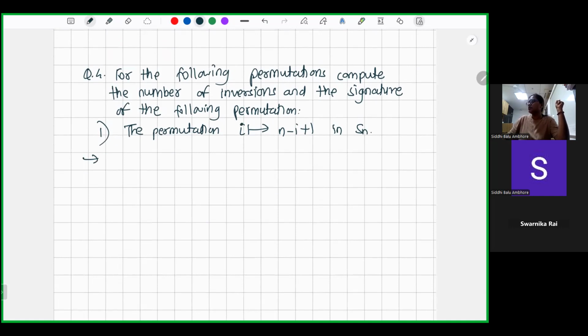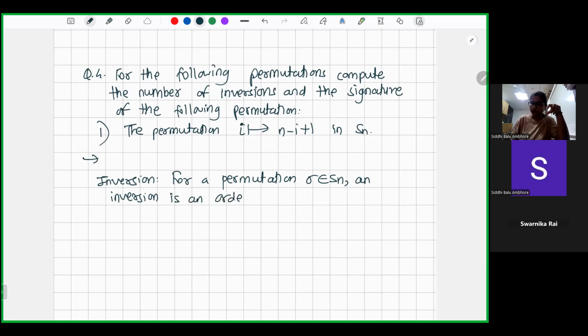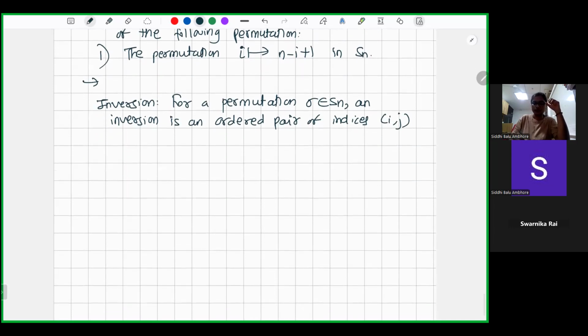Okay, so the definition of inversion is that for a permutation sigma belonging to Sn, an inversion is an ordered pair of indices i comma j such that i is less than j, but sigma i is greater than sigma j.